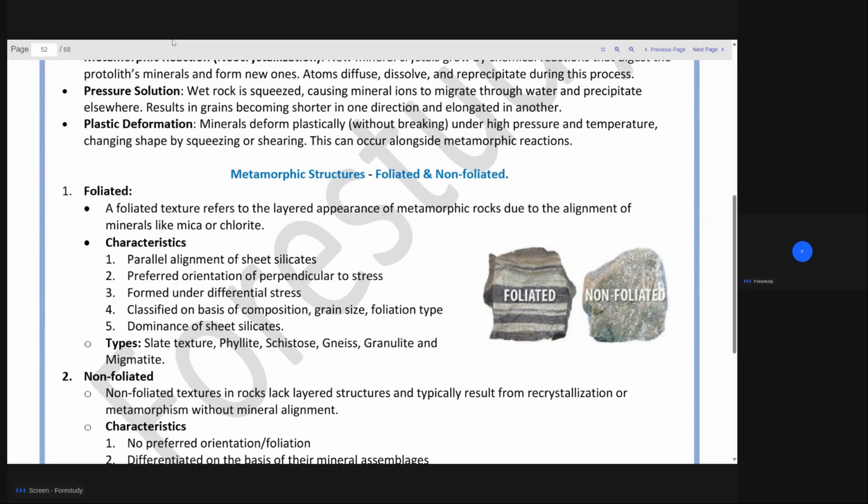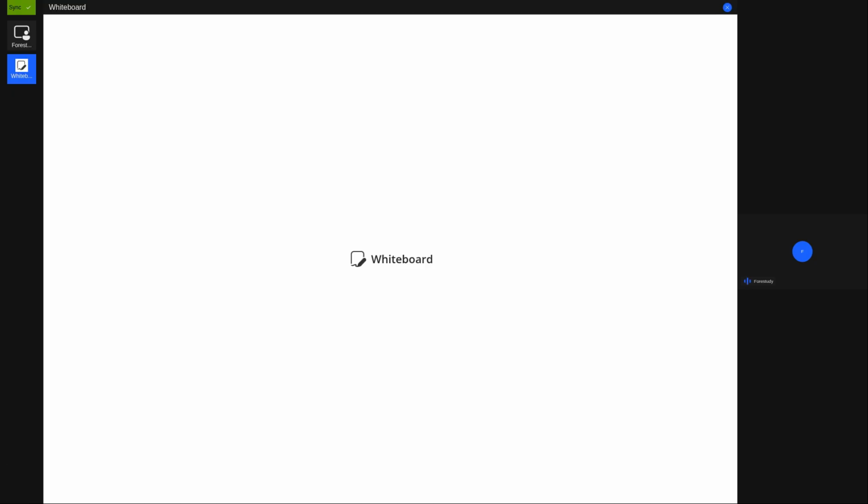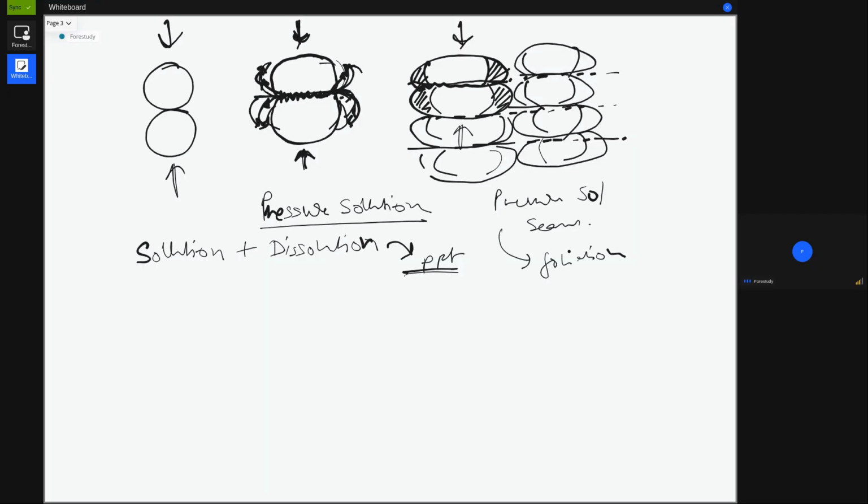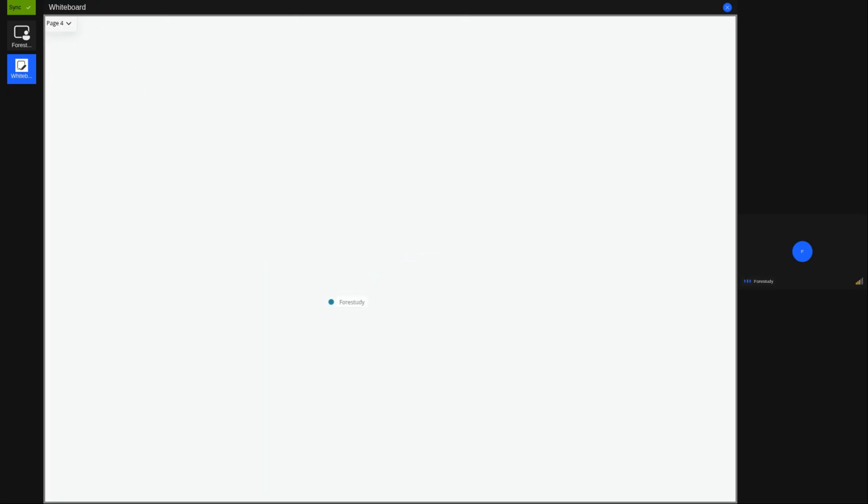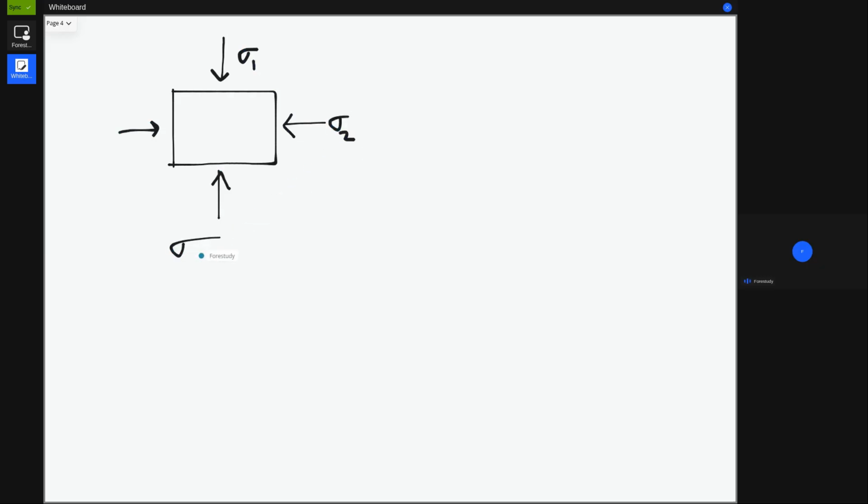Differential stress means this. In structural geology I will also teach you what differential stress is, but here, just for introduction, I will tell you. This is a box, and say we are getting stress here, sigma 1, and stress here, sigma 2, where sigma 1 is greater than sigma 2. So what will happen? Slowly this box will deform like this, because sigma 1 is more than sigma 2.